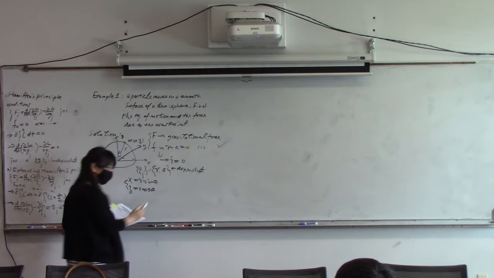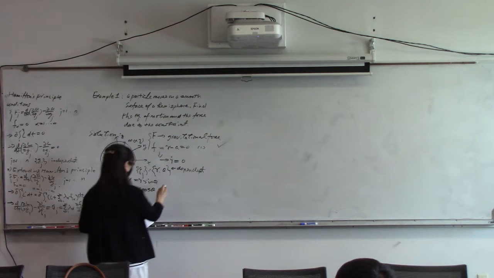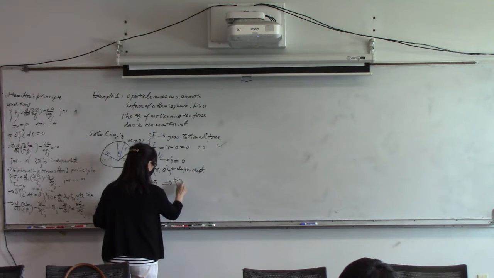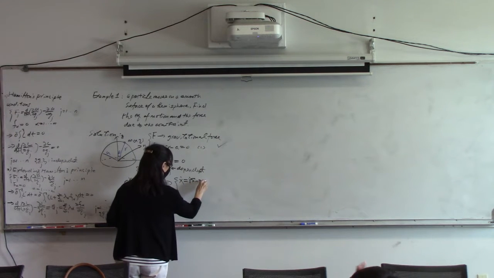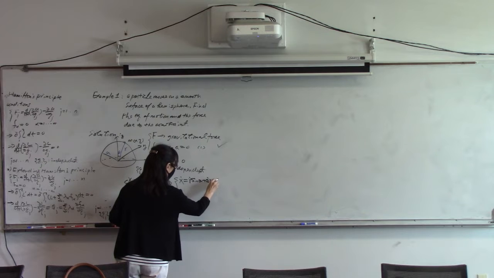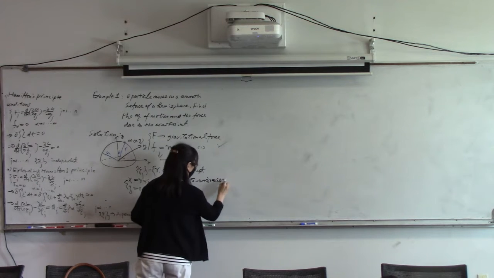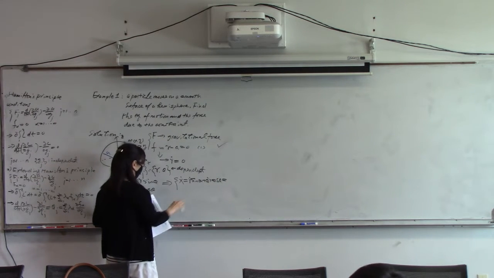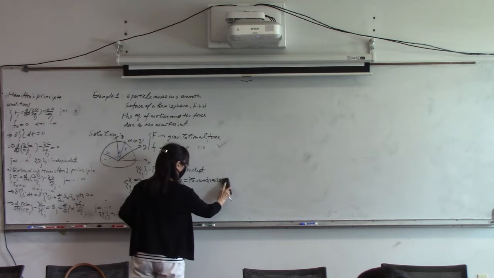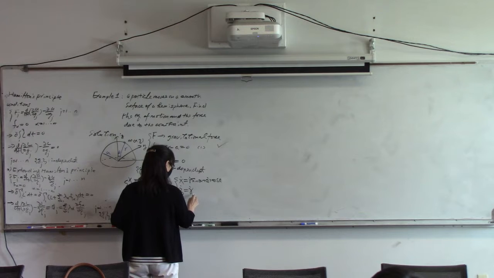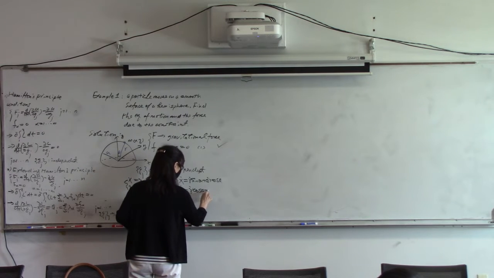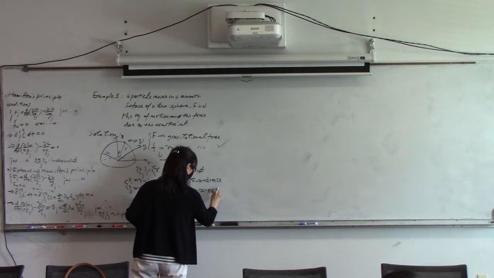I think we reach to here or the next step, right? So then you can do immediately x dot is R dot sine theta plus theta dot R cosine theta, and z dot is R dot cosine theta minus R theta dot sine theta.